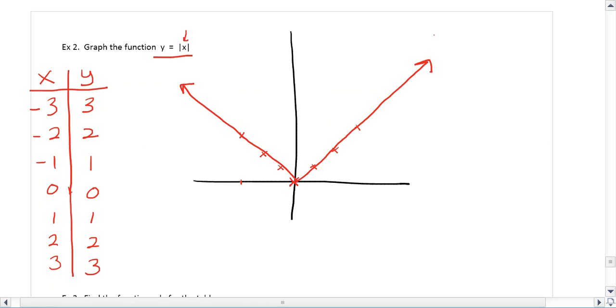Now, if you're interested in looking at this on your calc screen, you can graph it. First, go to the y equals screen, so punch that key. And then when you're sitting there on the y equals screen, we need to go get the absolute value. And you find that, punch the math button. Don't select anything in math.